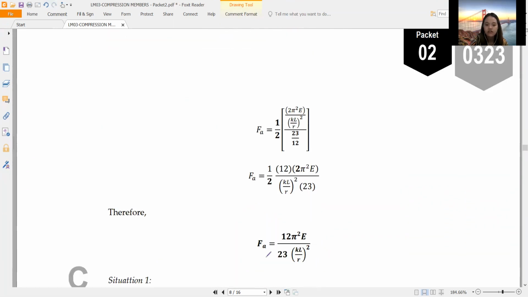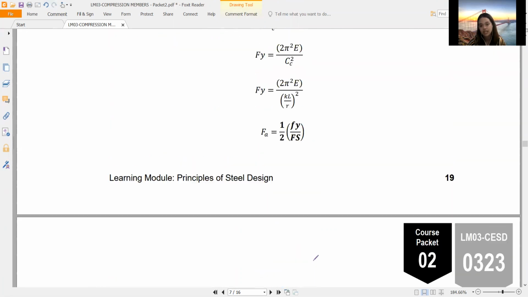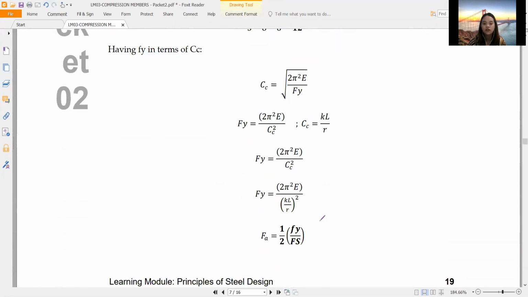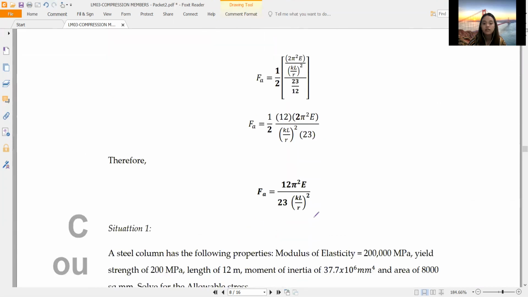So that you can have the formula for the critical stress for the theory of columns as 12 pi squared E over 23 multiplied by KL over R squared. So definitely, these are just derivations. Actually, in the book, the only formula you will see is this one. Yes, these are the only formulas you will see.